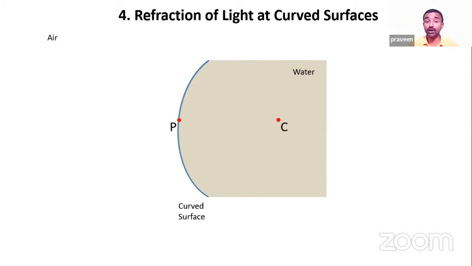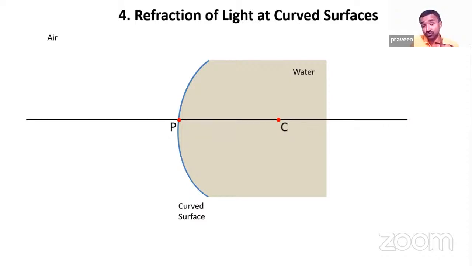Then I join these two points with a line. The line passing through the pole and the center of curvature is called the principal axis. So I have the principal axis, pole, center of curvature, rarer medium, denser medium, concave surface and convex surface. These are the terms I learned in this topic.